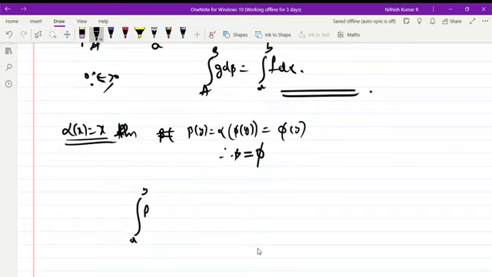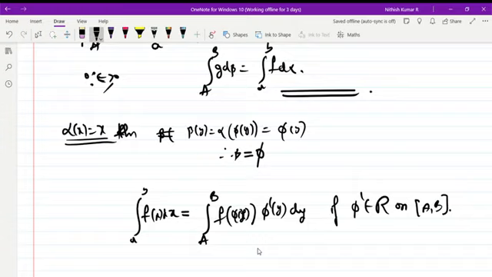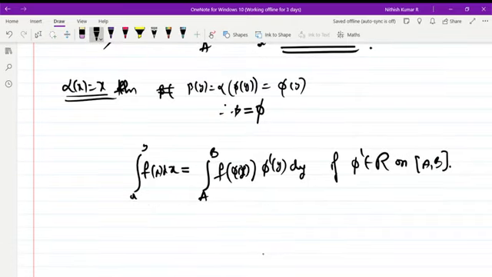Therefore we get the integral from a to b of f of x dx is equal to the integral from a to b of f of phi of y into phi dash of y dy, if phi dash belongs to R on the closed interval a comma b. In the above we had it for alpha dash, but we get it whenever alpha of x is equal to x, we get the condition for phi.